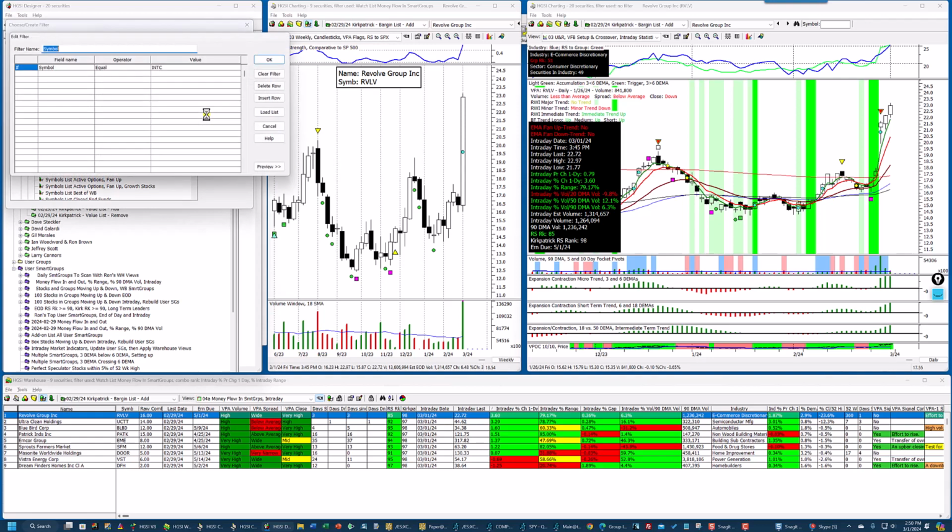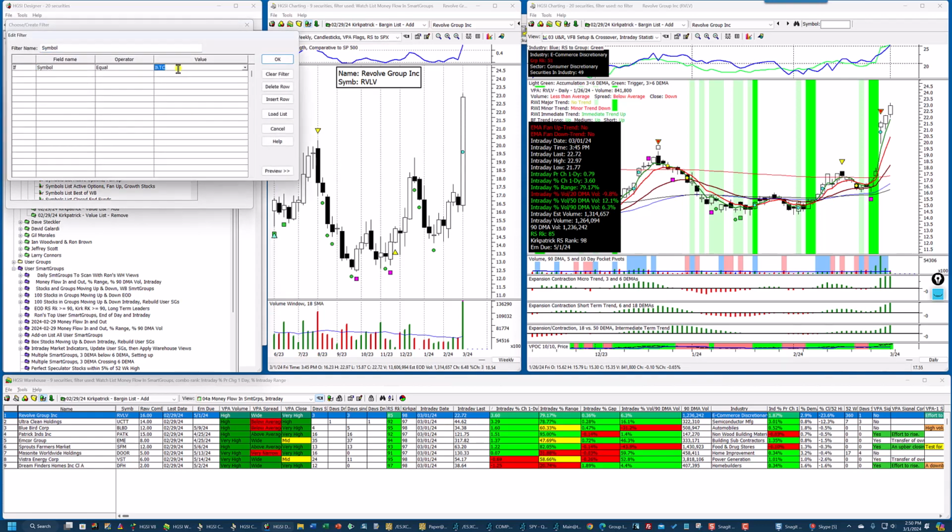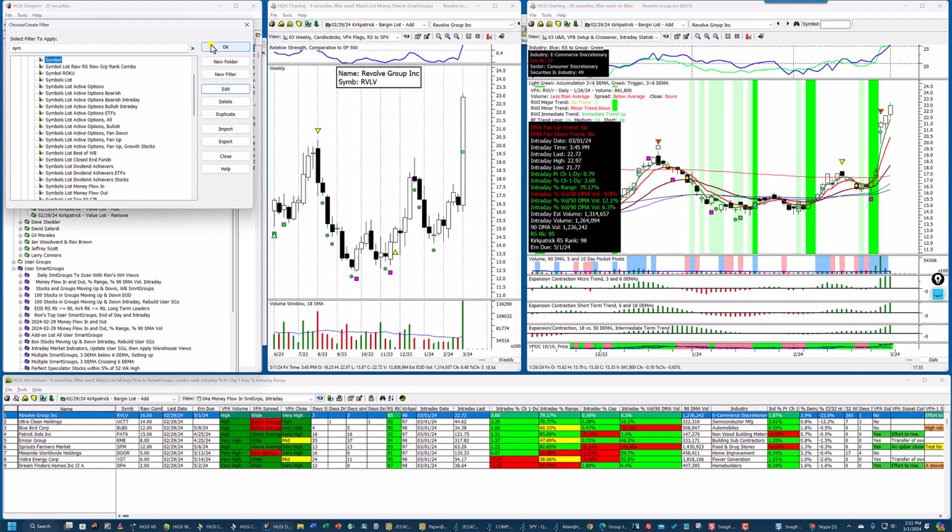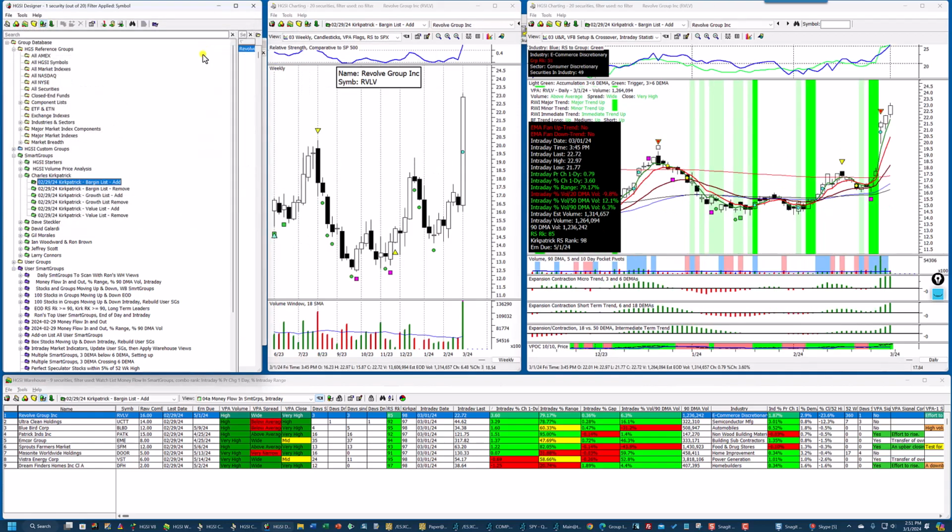And I'm going to edit it, and I'm going to type in RVLV. You can do this with any stock, and I'm going to say OK. So that symbol is what is active. And now I'm going to click up here on the group inclusion report.